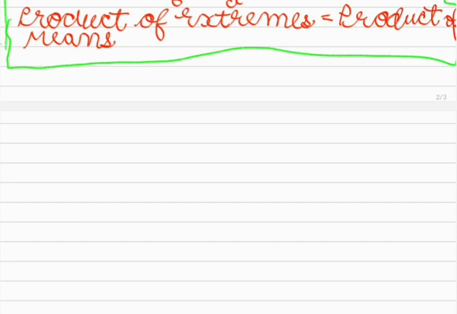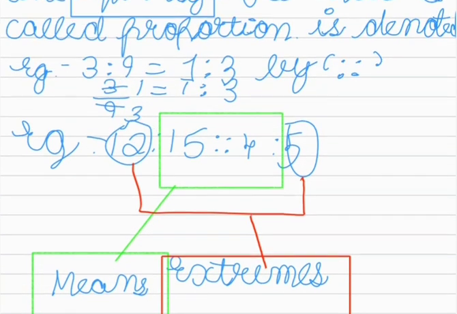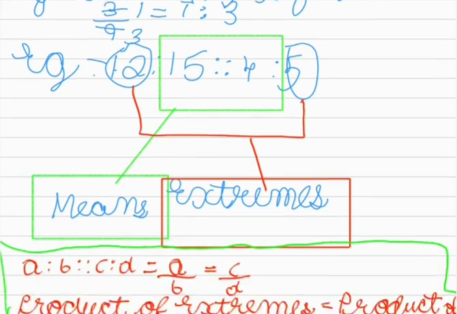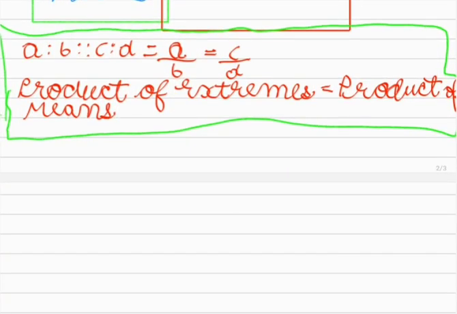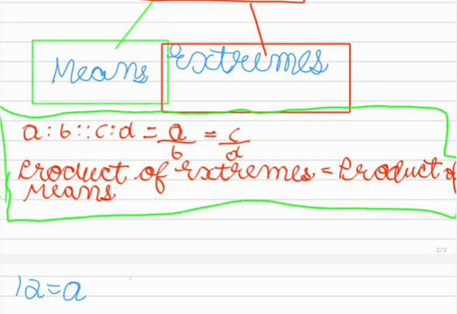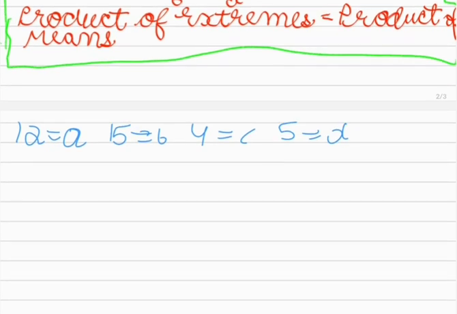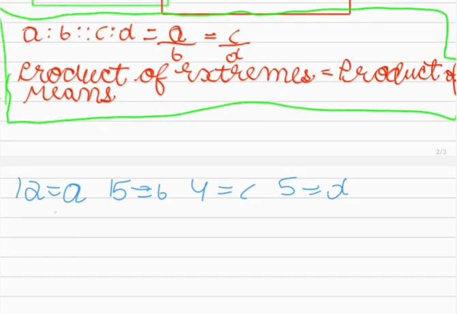So we will do one. So we have to check whether it is in proportion or not. So let's do it. Let us take 12 as A, 15 as B, 4 as C, and 5 as D. So first we will do it with the division method. 12 by 15 will be equal to 4 by 5.